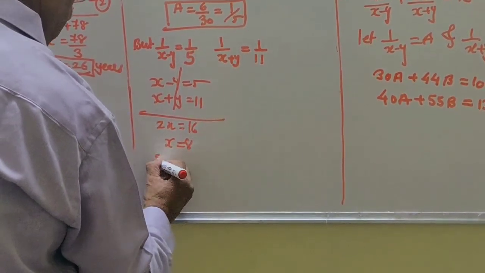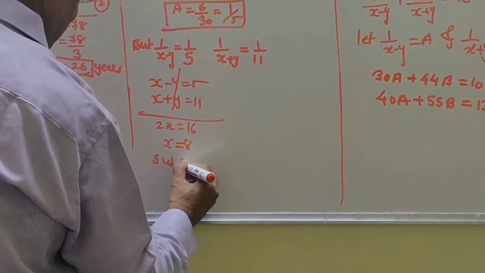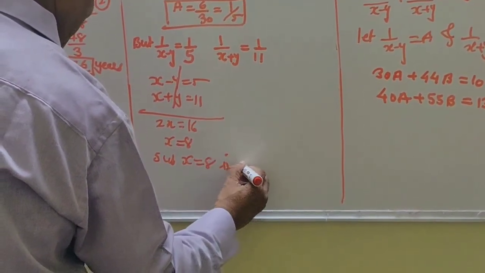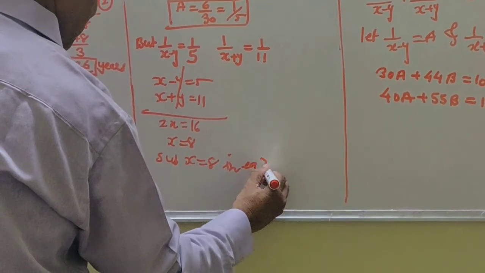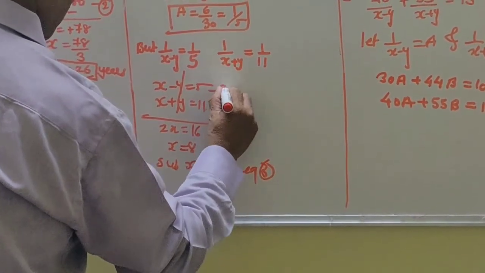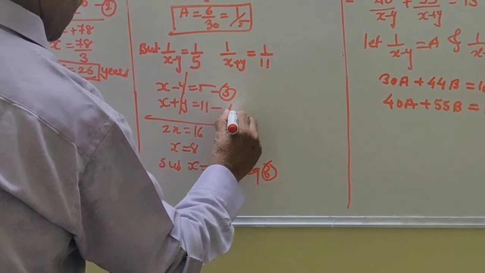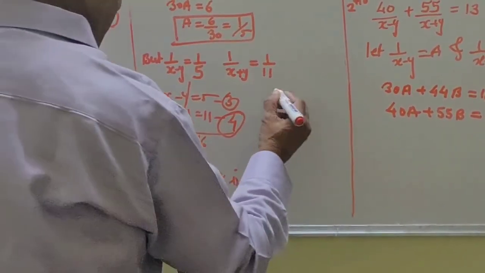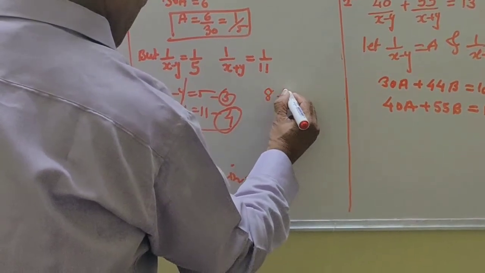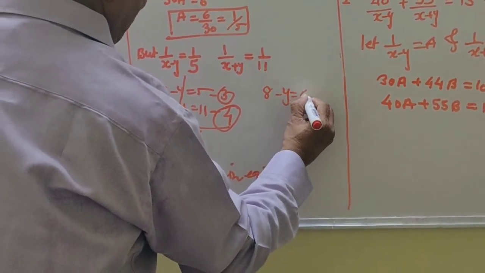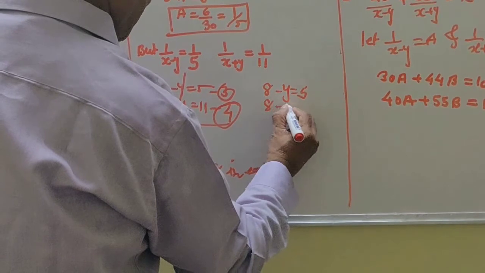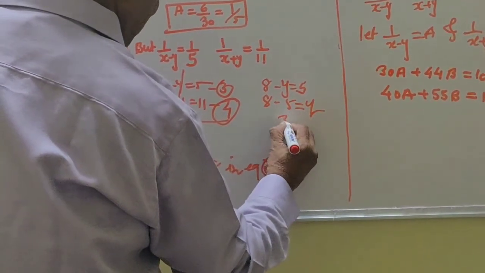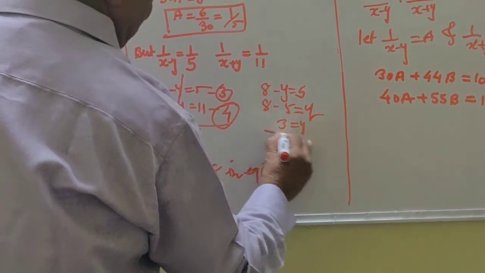Again I will substitute x is equal to 8 in equation 3. Okay, my equation 3 and this is equation number 4. Okay, now what will come here? 8 minus y is equal to 5 means 8 minus 5 is equal to y. 3 is equal to y.